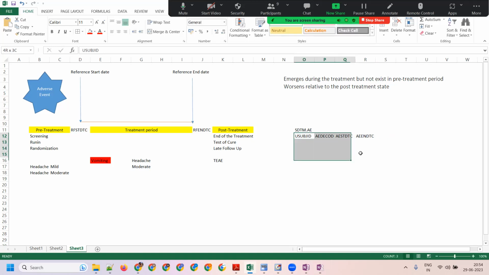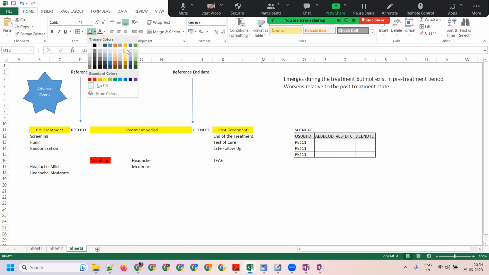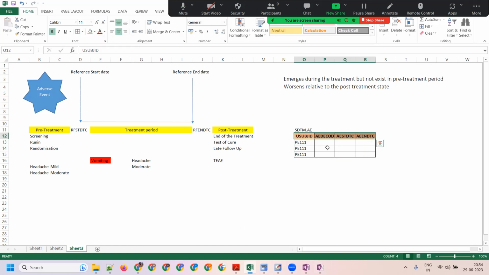But I know very clearly that this adverse event, let's say for subject P111, I'm just giving some information here, there is going to be something called headache, vomiting, and then a skin rash.